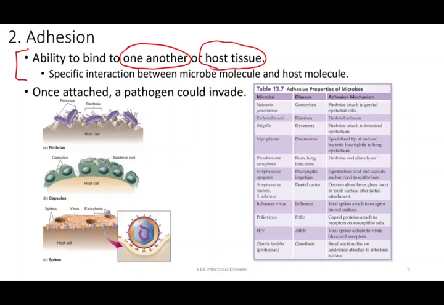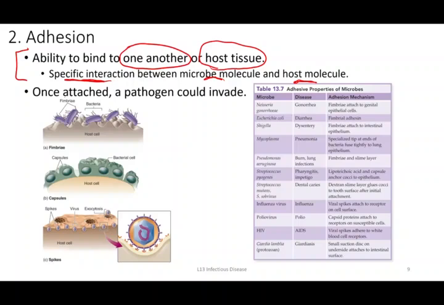This is driven by a specific interaction between a molecule on the surface of the microorganism and a molecule on the surface of host cells and tissues. The analogy that's often used is a lock and a key. So you have a molecule on the microorganism that fits perfectly into a molecule on the host tissue.